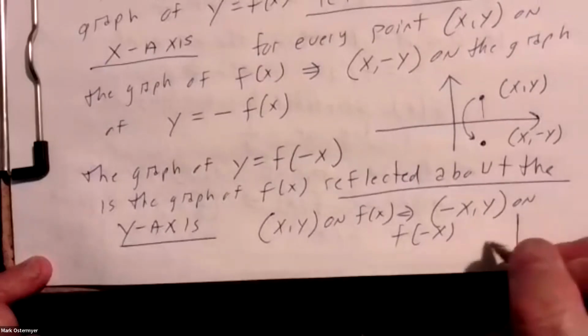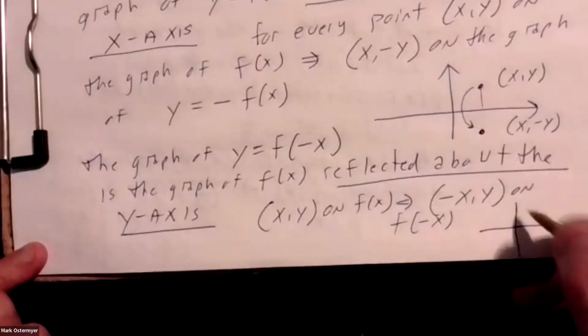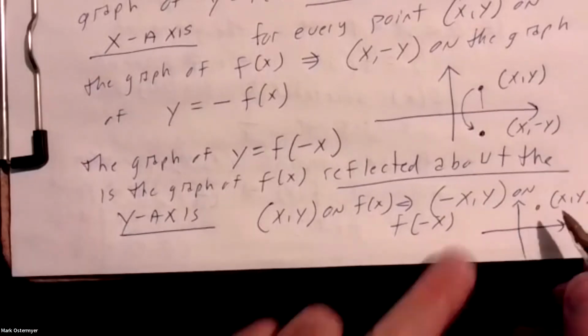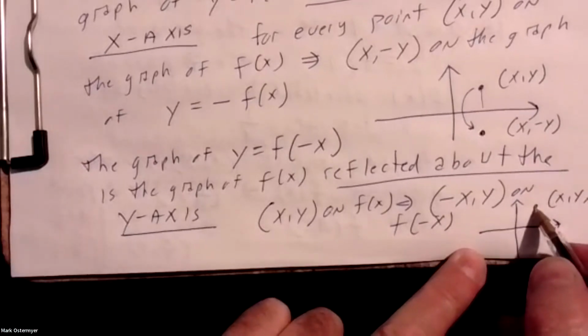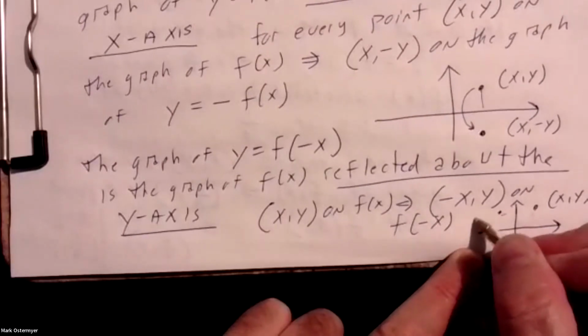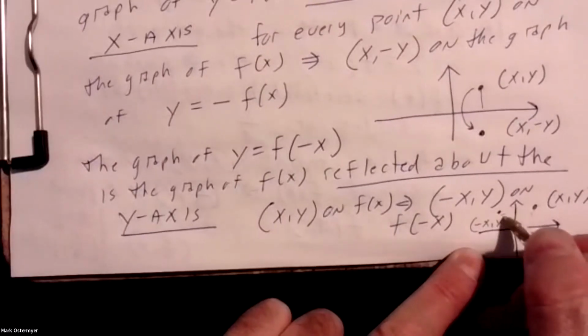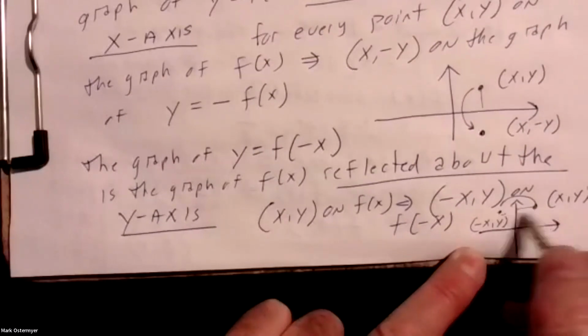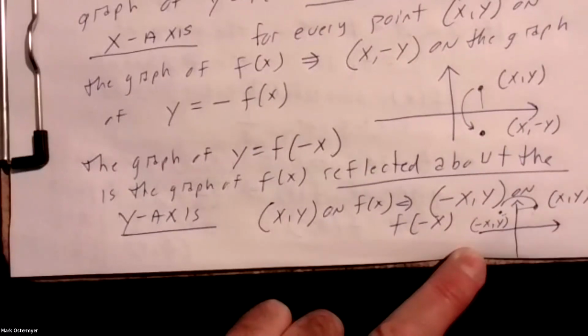So graphically speaking, if we have some point x,y on the graph of our original function, well, the new point on the transformed function is going to be over here, negative x, y. And so you can see that the point x,y has been flipped about the y-axis. Okay.